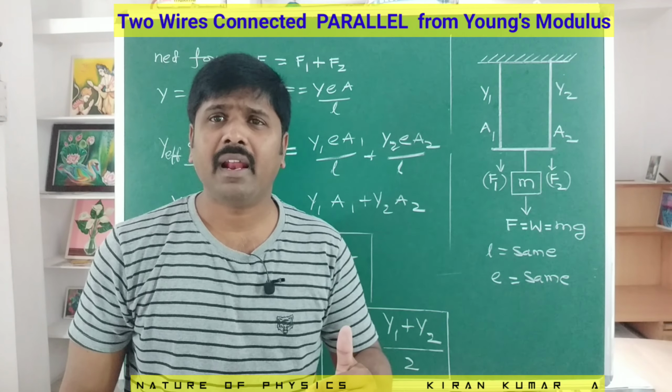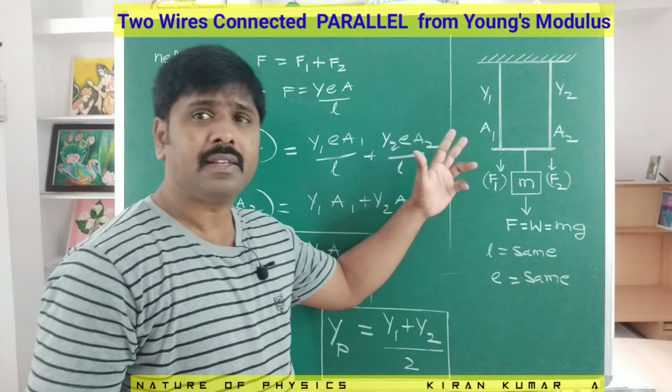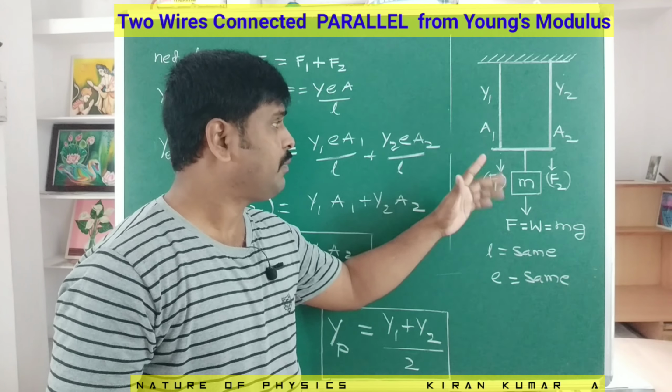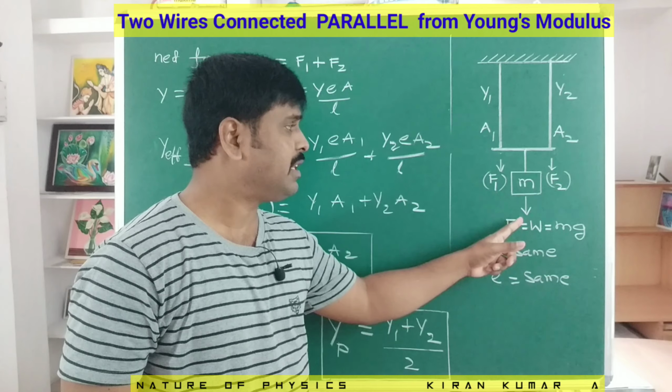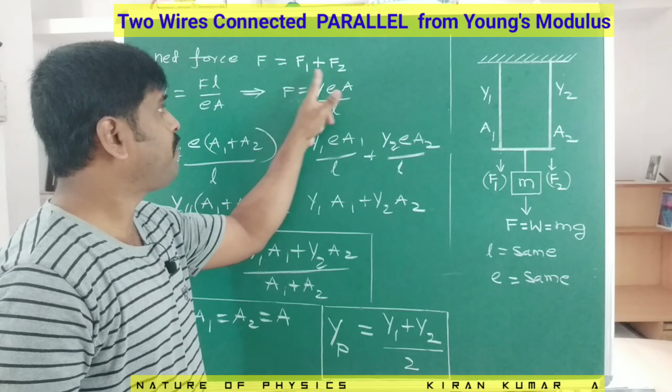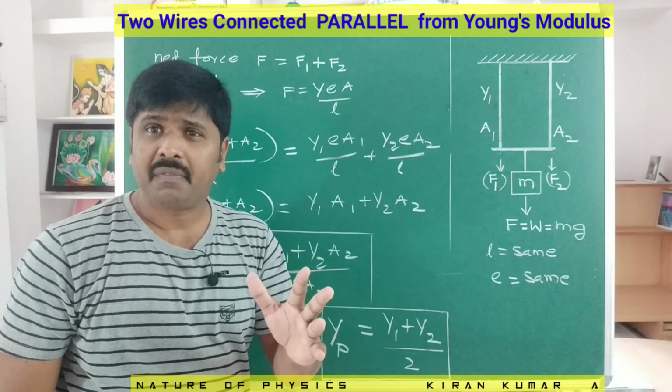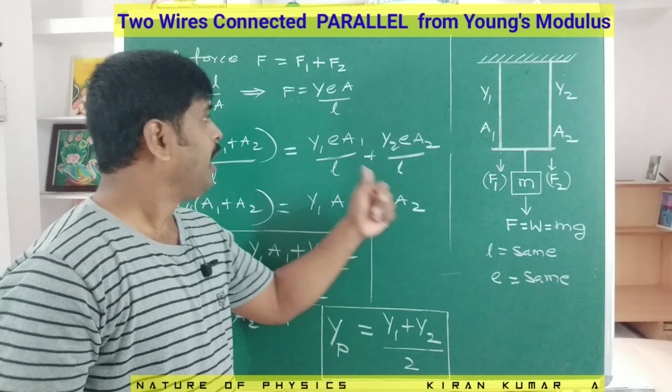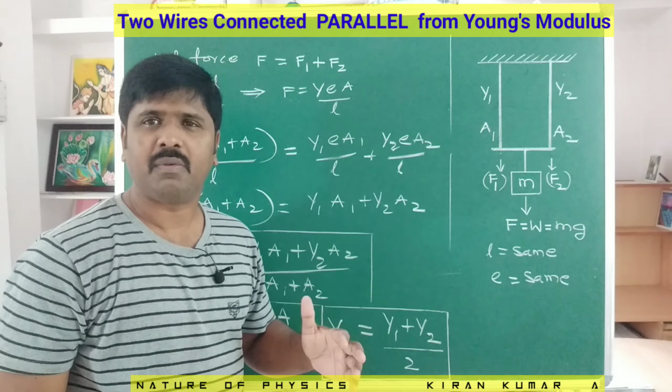See, in parallel combination, wire length is the same, elongation is the same, but the force is distributed by the load. That's why F load is equal to F1 plus F2. F1 and F2 values are replaced from the Young's modulus equation.